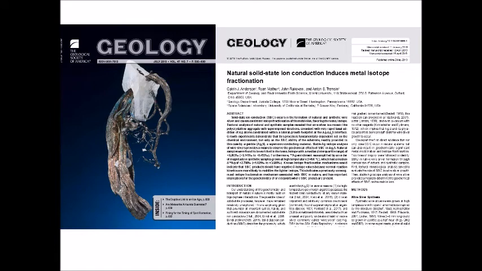And this is in the July 2019 issue of Geology. You can see the cover image is a wire silver specimen and calcite from Kongsberg, Norway. It's a classic location for wire silvers.